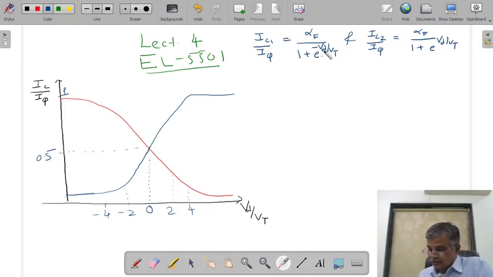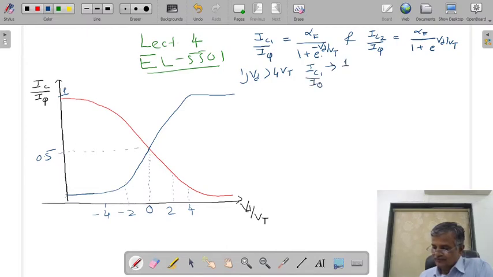Now, first conclusion: when Vd is greater than 4 Vt, then 1 plus e raised to -4, if you find out this value, you will get IC1 by IQ tends to 1 and IC2 by IQ tends to 0.